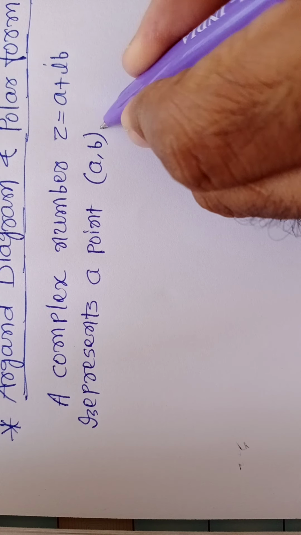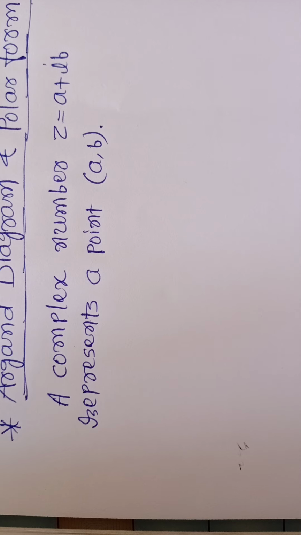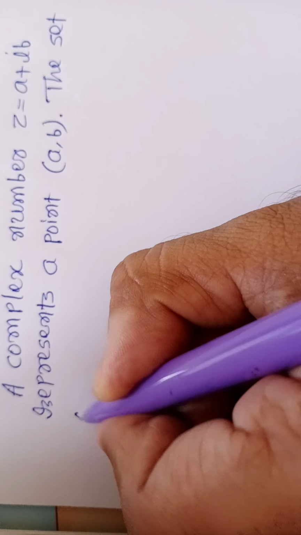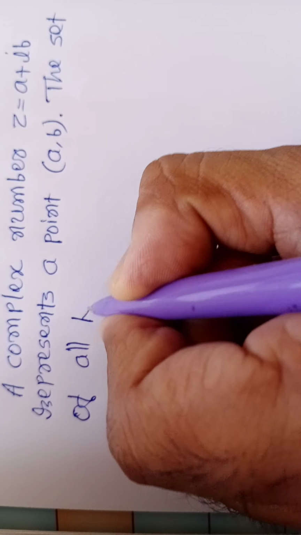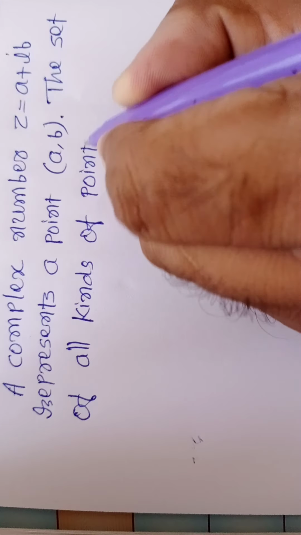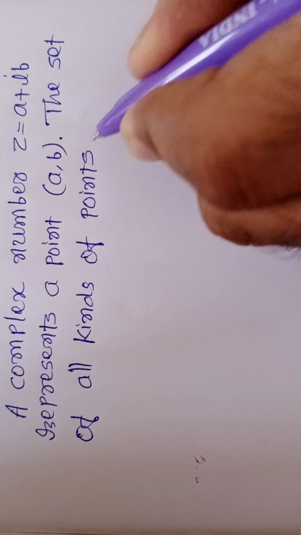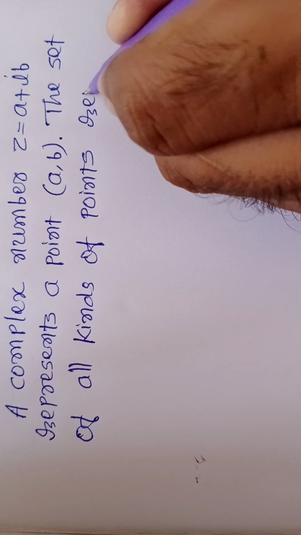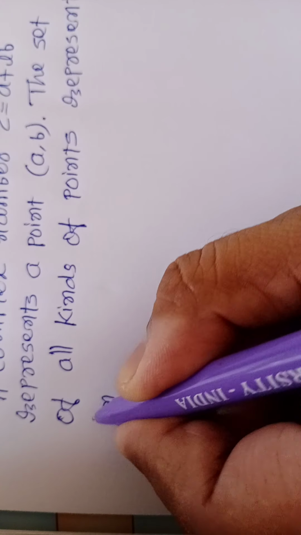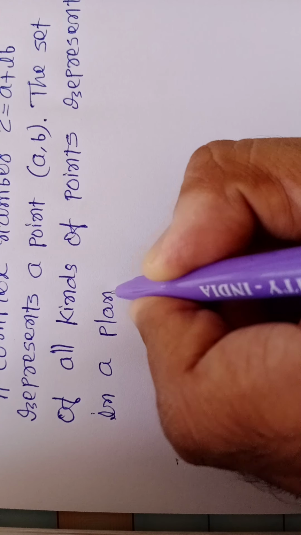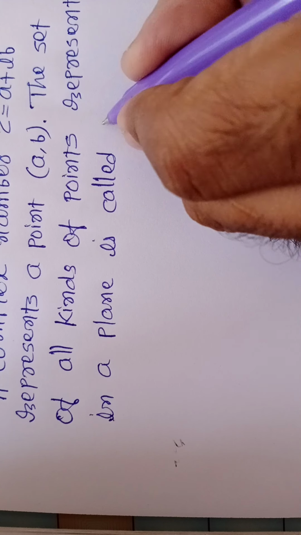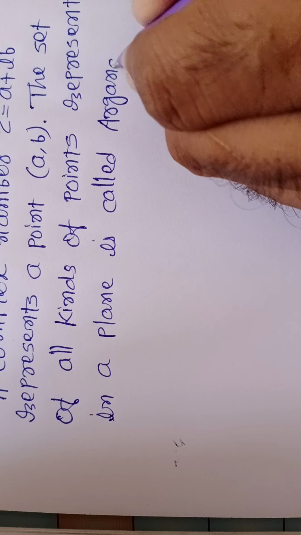So the set of all these kinds of points represented in a plane is called the Argand plane.